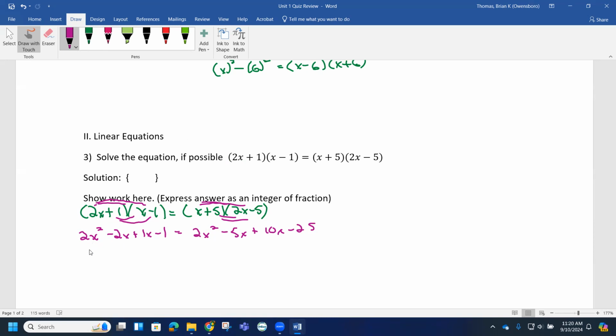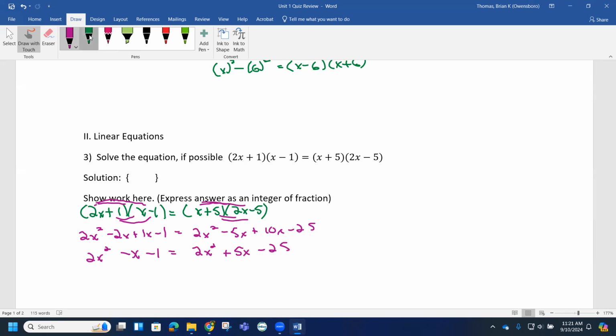If I combine like terms over here, I have 2x squared minus x minus 1. And over here we have 2x squared plus 5x minus 25. So right now it kind of looks quadratic.